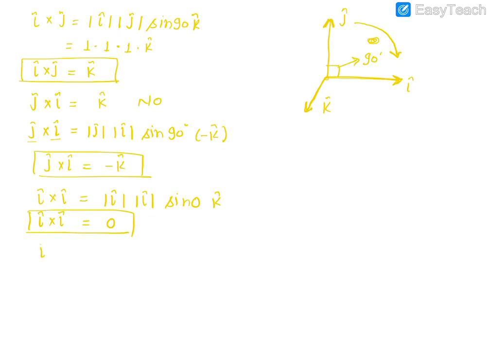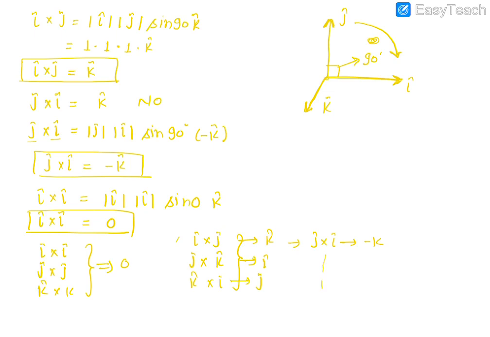So the conclusion is all i cross i, j cross j, k cross k become 0, while i cross j becomes k cap, j cross k becomes i cap, and k cross i becomes j cap. In the opposite order, like j cross i, it will be minus k, and so on. So this is basically the conclusion of the cross product.